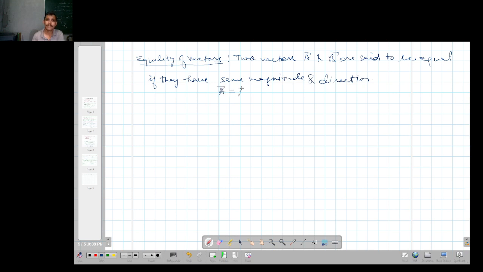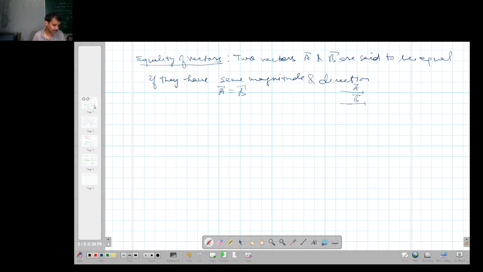That is, vector A is equal to vector B, means this is vector A and this is another vector B. The magnitude of both the vectors will remain the same, and both are acting along the same line or parallel, and then they are said to be equal, right?